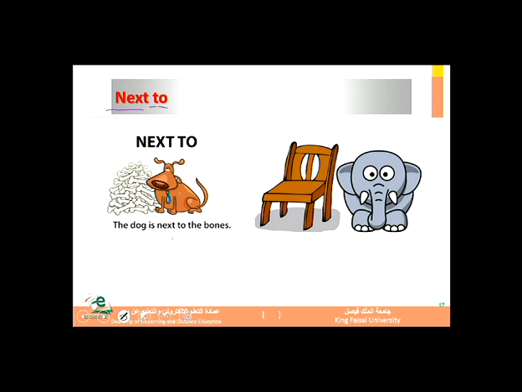So we can simply say the dog is next to the bones. When one item is immediately adjacent to another, you can say the dog is next to the bones. The elephant is next to the chair, and so on.